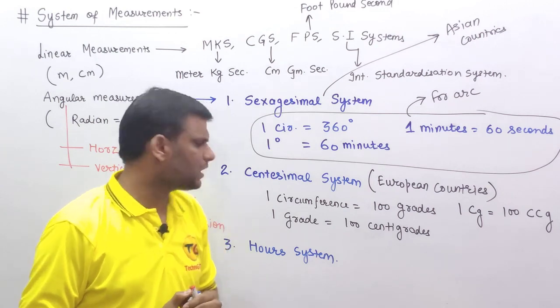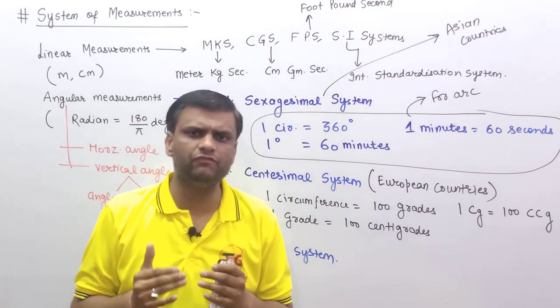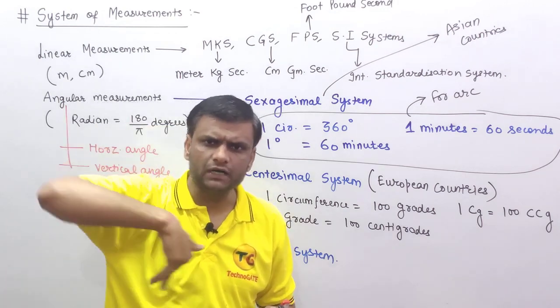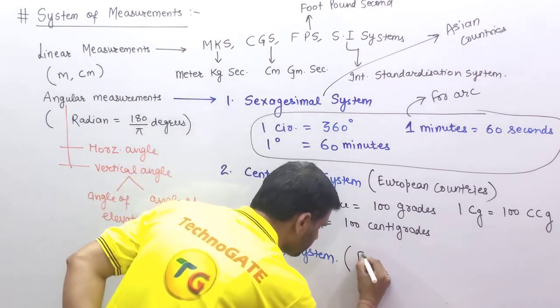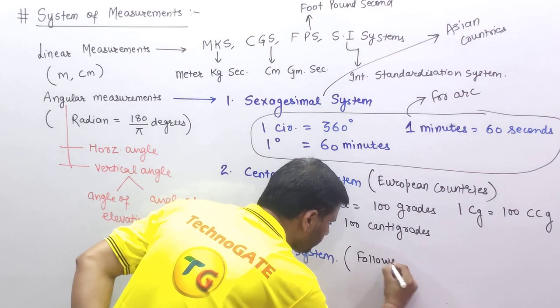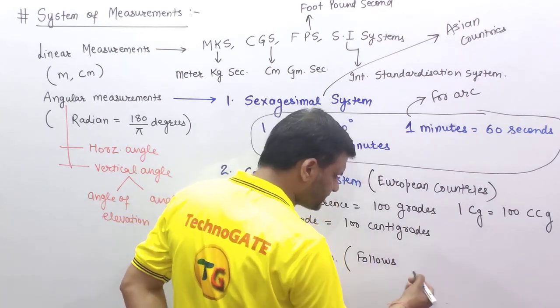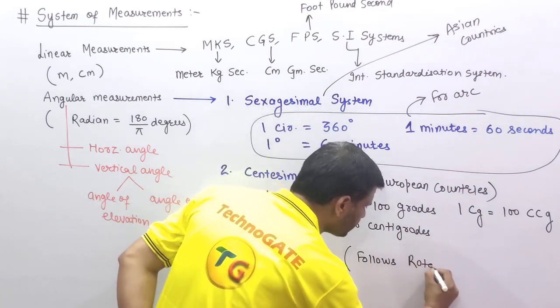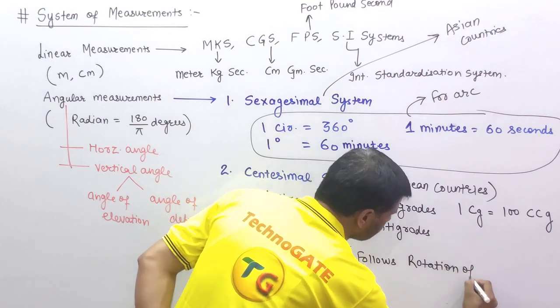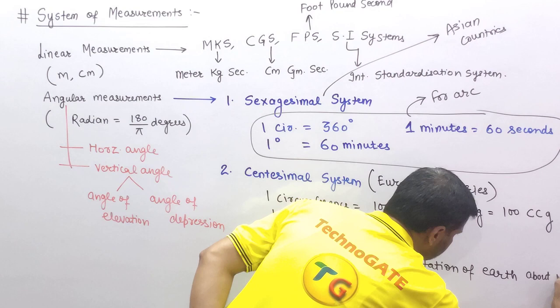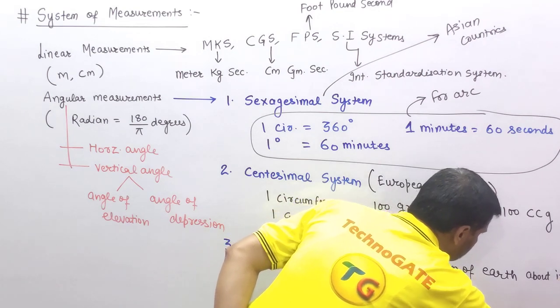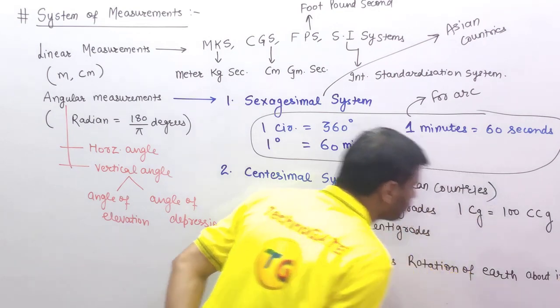If I am talking about the Haber system, this system follows the rotation of Earth about its axis. This system follows, or is on the basis of, the rotation of Earth about its own axis.